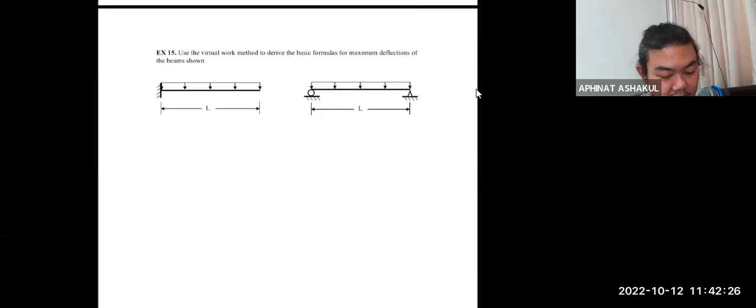Anyway, so again, we're talking about virtual work. If I'm going to derive the basic formulas for maximum deflections of the beam, I need to know where the maximum deflection is. In the first case, this is my actual load. And so I know, of course, the maximum deflection should be here, right?